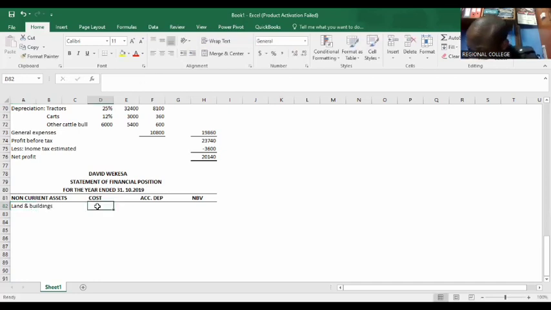So the value there is 90,000, and there was no depreciation. So the value remains the same, 90,000.